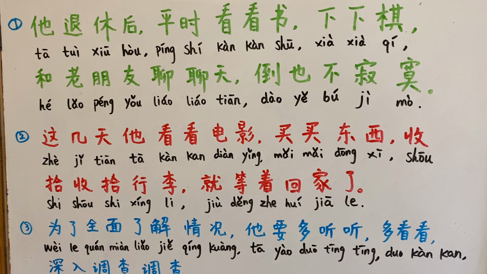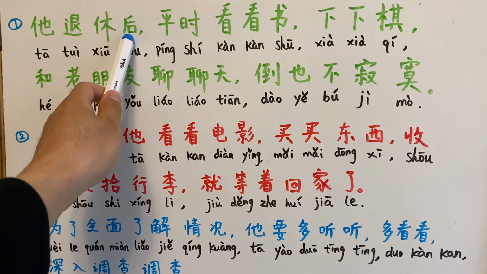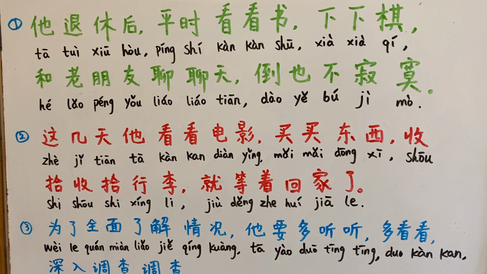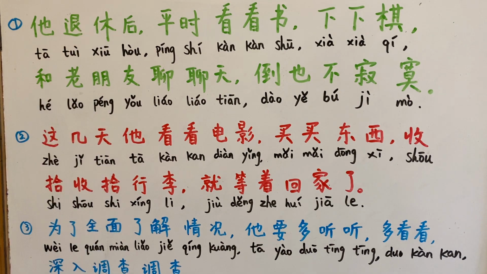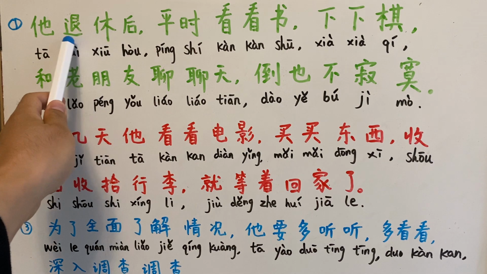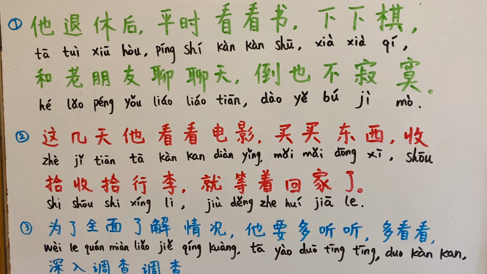So you may have the question, why you put 后, which means after, following this verb phrase. Because this is not a verb phrase. 退休 appears like a verb phrase, but it is not. It is a noun phrase. That is the tricky part in Chinese, because it looks the same.